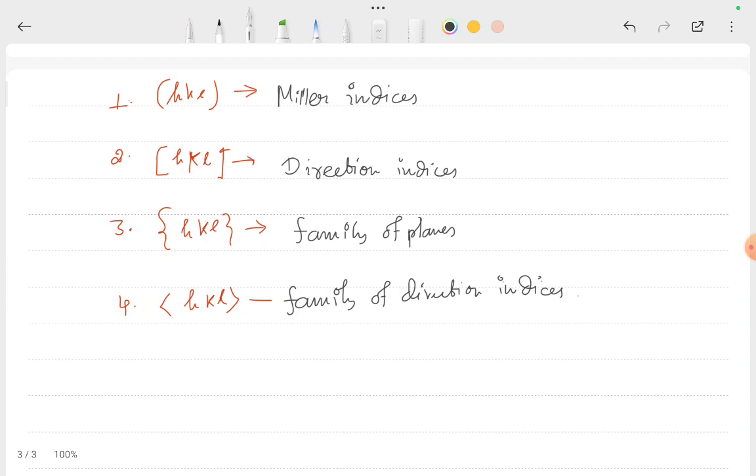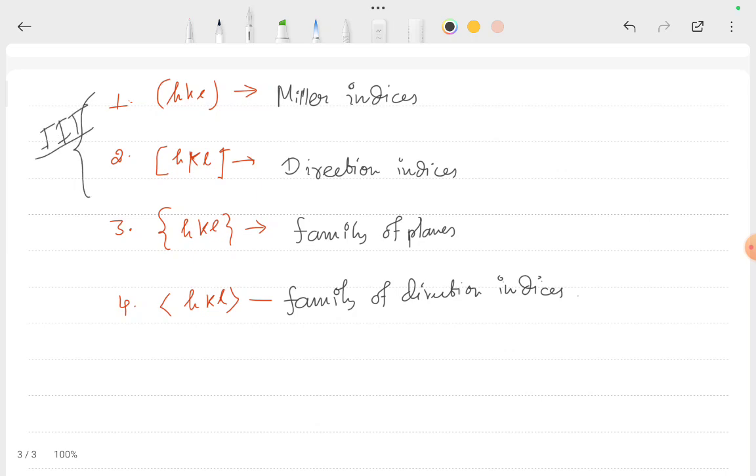This is the advanced part. When you go for MSc, then you learn about point 3 and point 4. But in our IIT JAM syllabus, direction indices is already mentioned. In the IIT JAM syllabus, these two are mentioned.